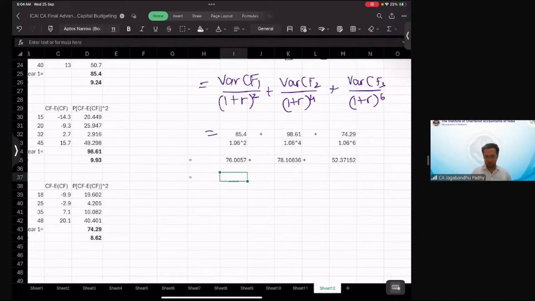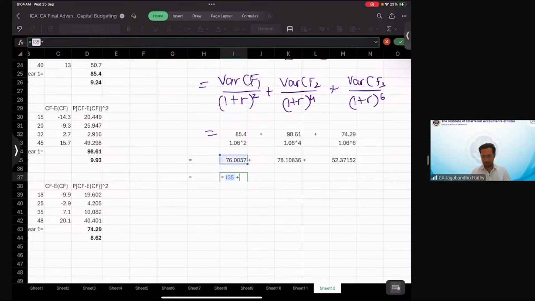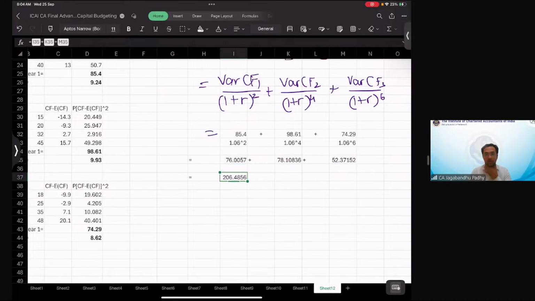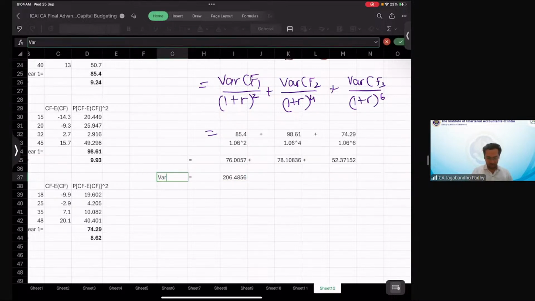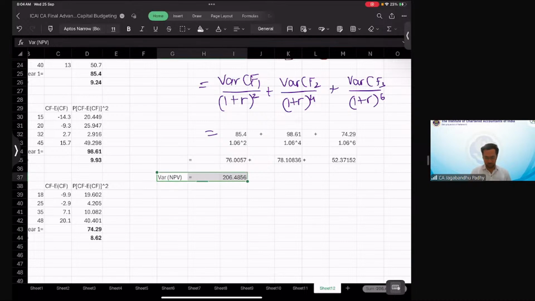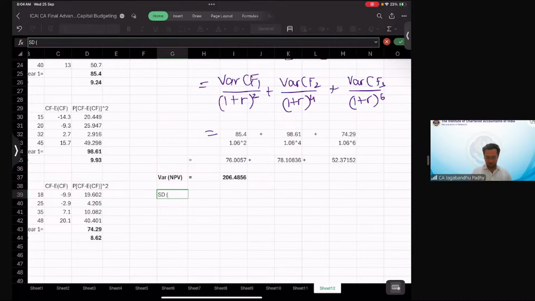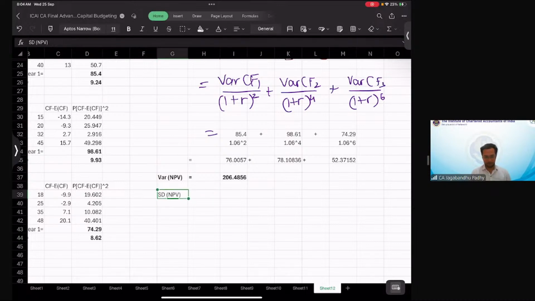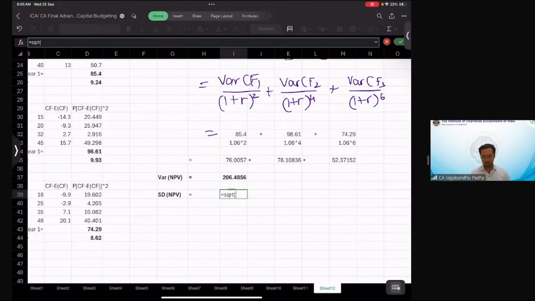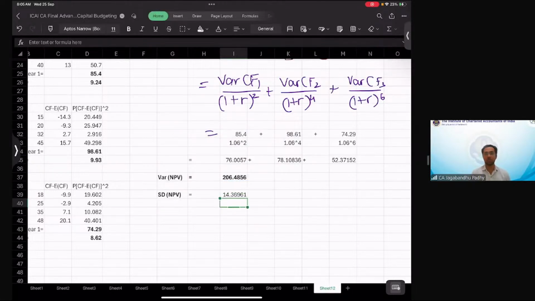When we add all of them together, we get 206.4856. This is the variance of NPV. Now, if I want the standard deviation of NPV, you know what it's going to be? It's going to be simply the square root of 206.